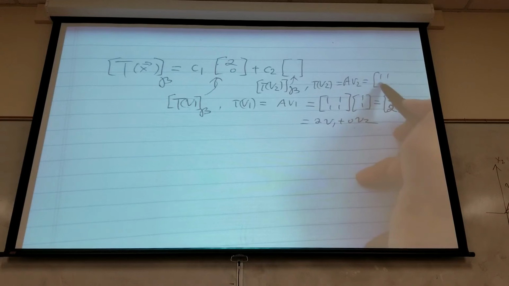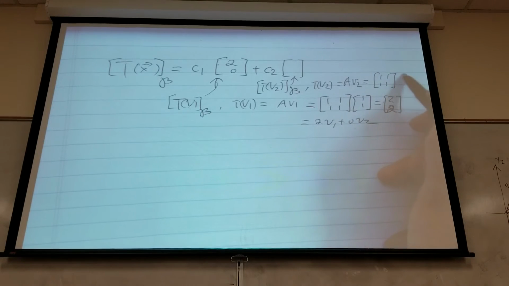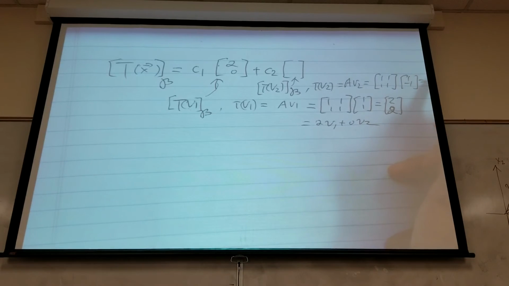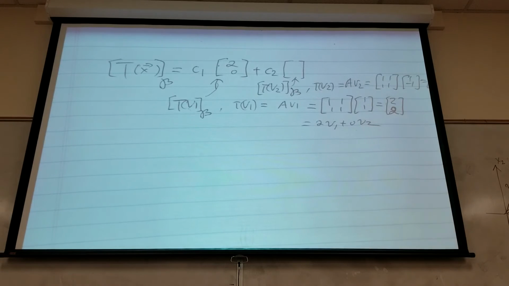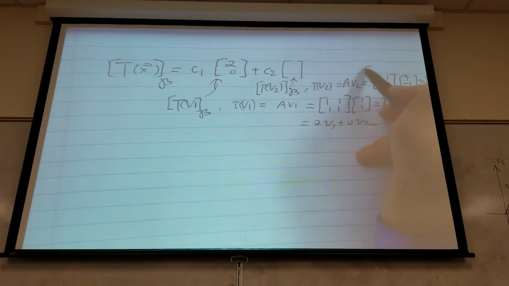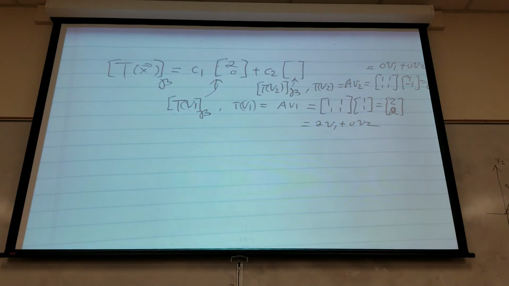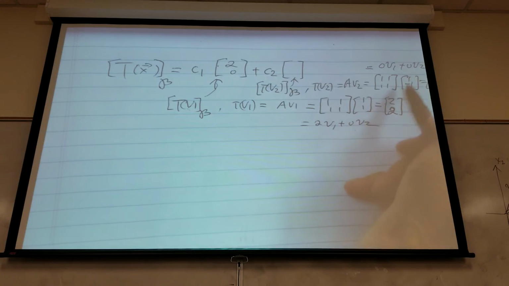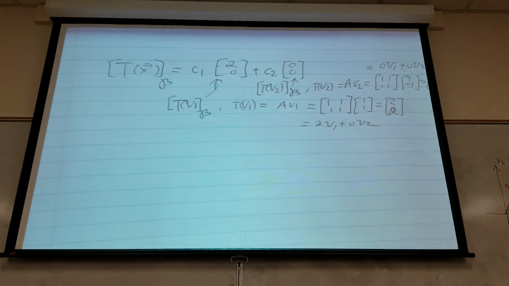A is 1, 1, 1, 1. V2 is 1, minus 1, so we get 0, 0 again. 0, 0 is the vector 0v1 plus 0v2. So what is the coordinate? 0, 0. So we put 0, 0 there.